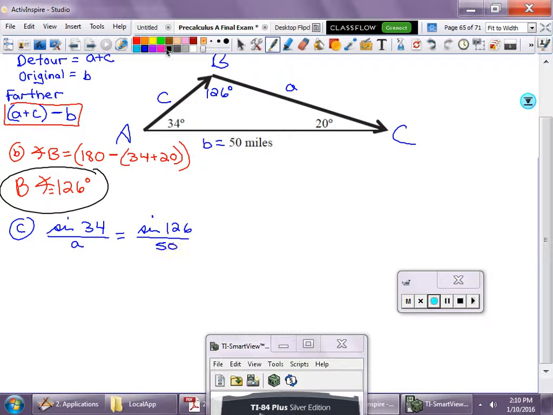Cross multiply to solve. A sine 126 equals 50 sine 34. You're solving for A, so divide by sine of 126 on both sides. And side A is going to be equal to whatever this says.